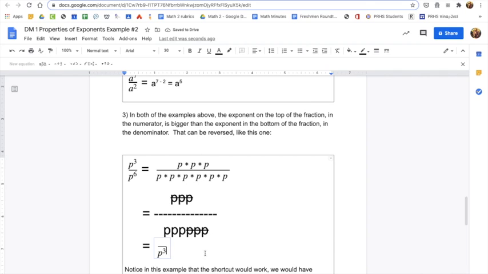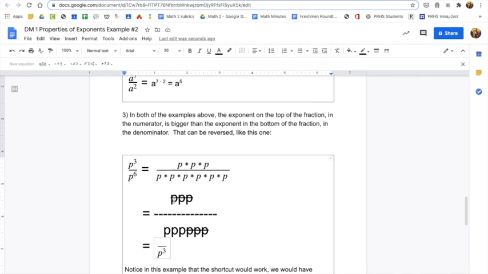You might see a problem here. What do you put on the top? In this instance, we canceled all those p's on the top, but remember, they don't just go away.